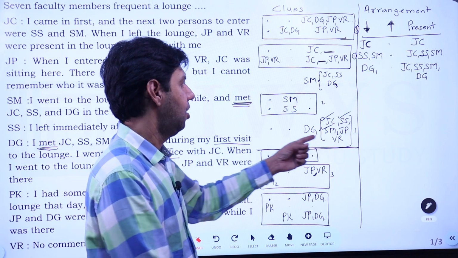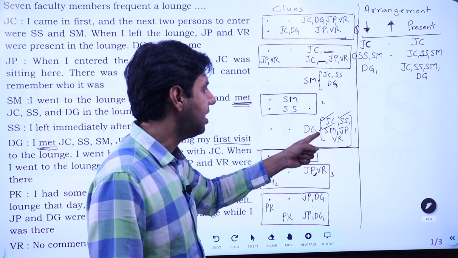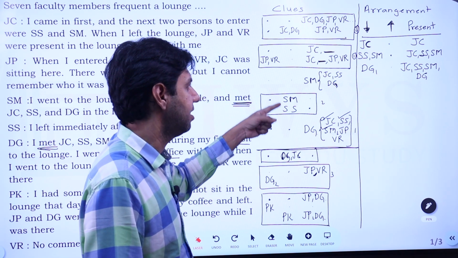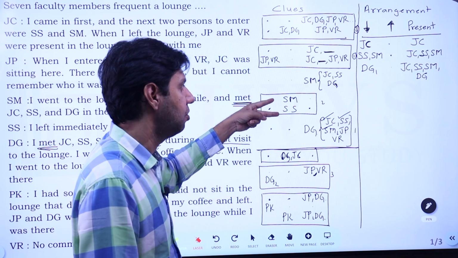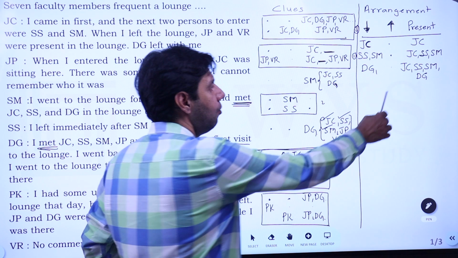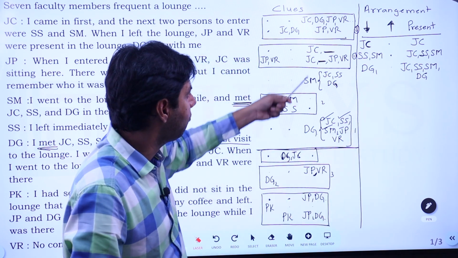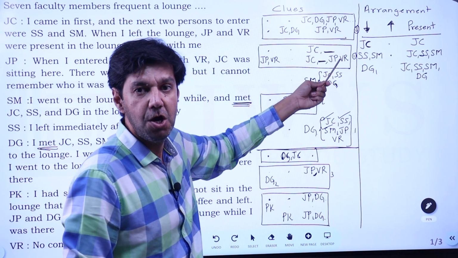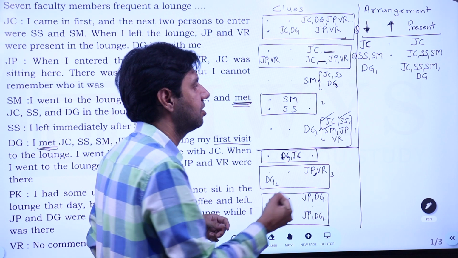Seems possible. Okay, DG coming in. After he has met them, only then I'll ask them to leave. Probably now that the meeting has happened, I can ask SS and SM to leave, because then only JC and DG will be left. And do I want two people to be left? Yes. So eventually everything is fitting in like a jigsaw piece on its own.